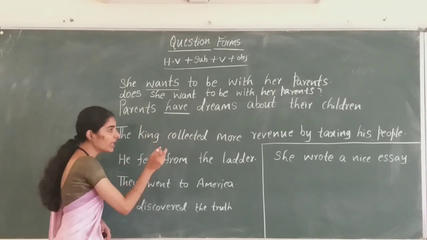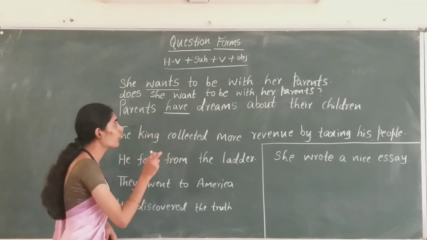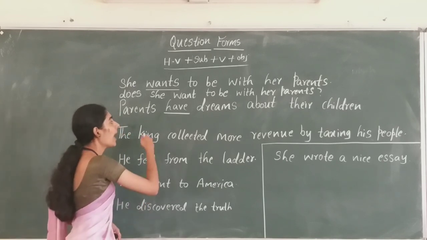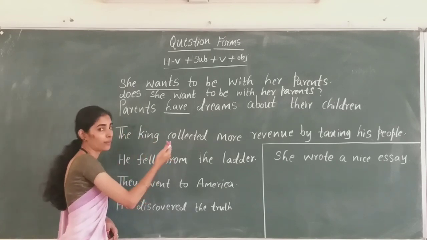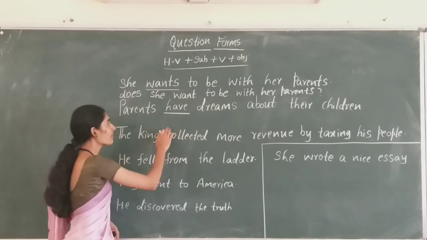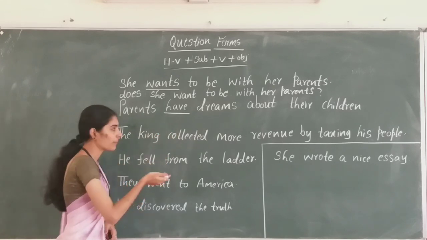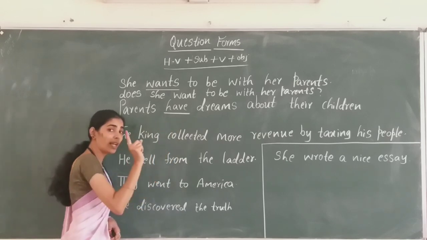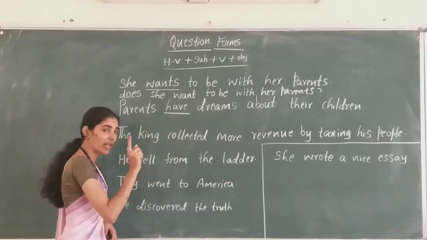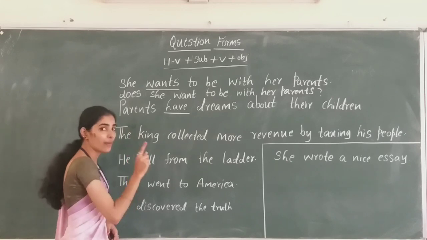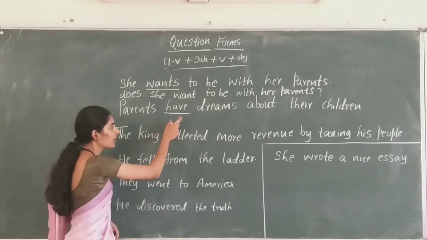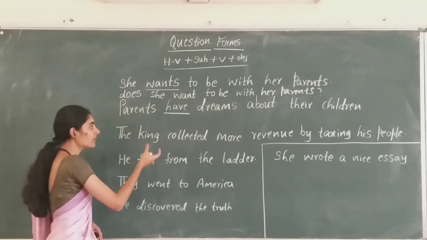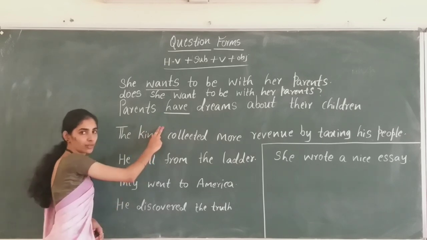No. When there is no action verb in a given sentence, and there are only have forms or be forms, which means if you find are, were, have, only one verb and that is a helping verb, that verb acts both as main verb as well as helping verb.